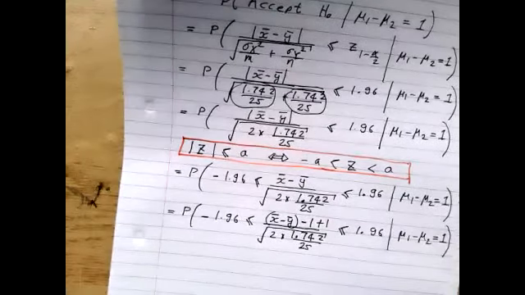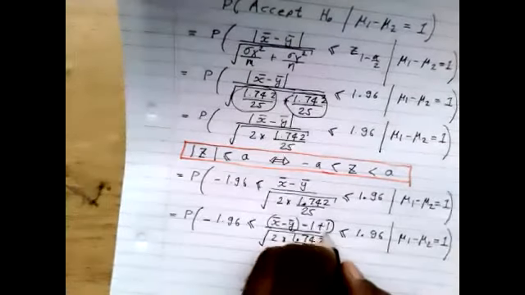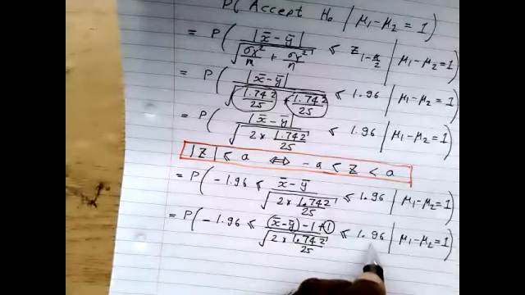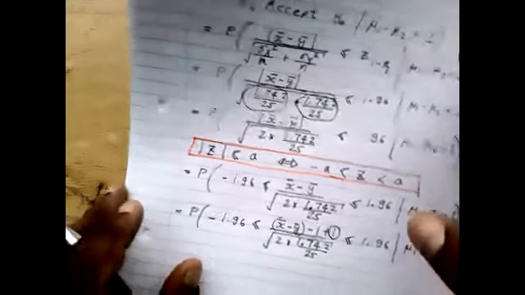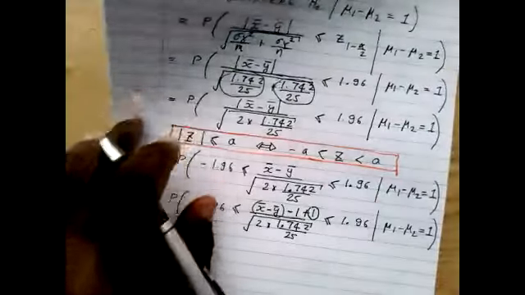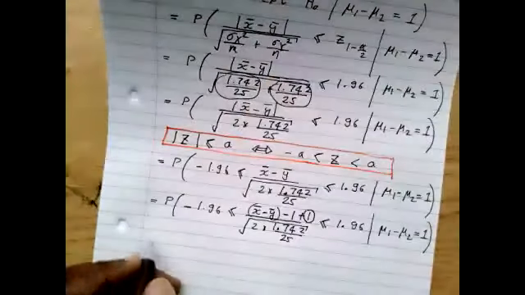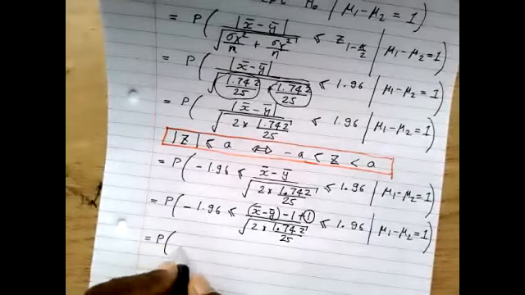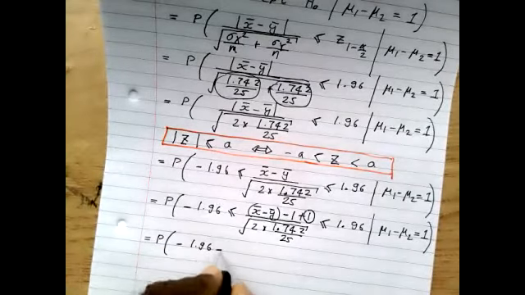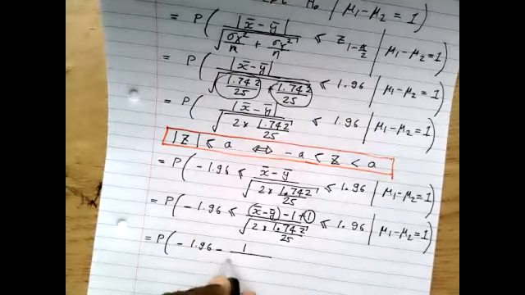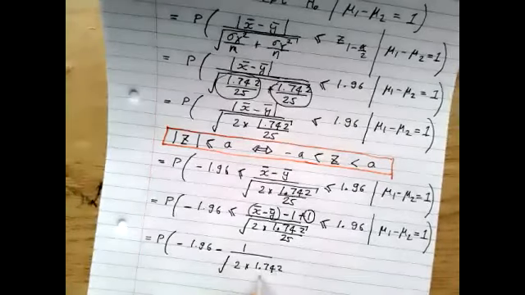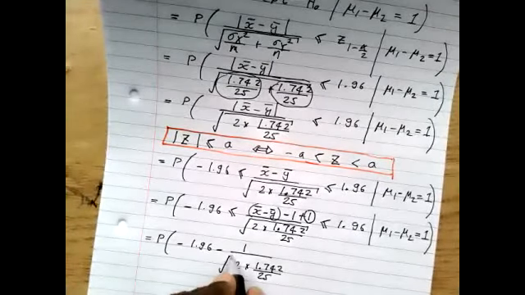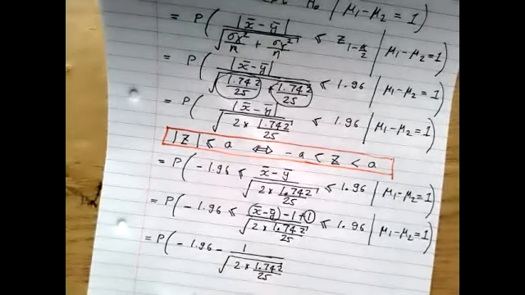Okay. All right, the next thing I'm going to do is take the 1 here to either side of the inequalities, to the left and to the right. So this is what you will get. On the left-hand side, you get this.